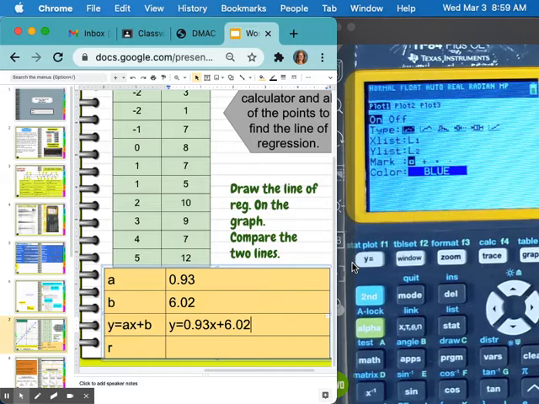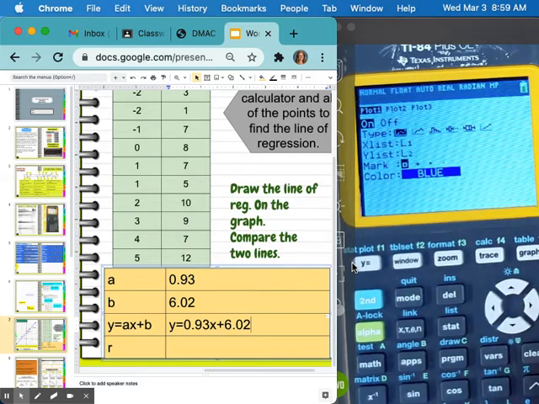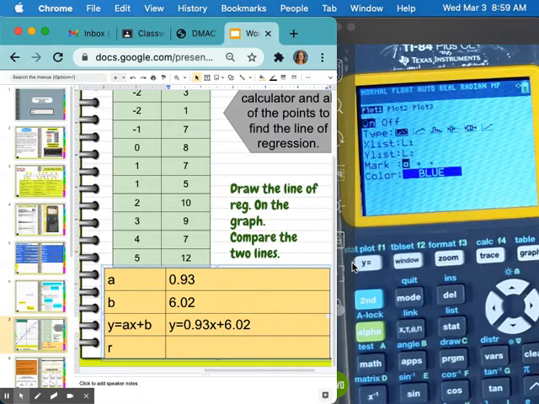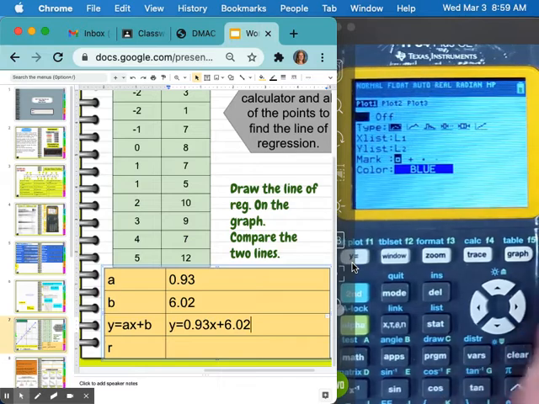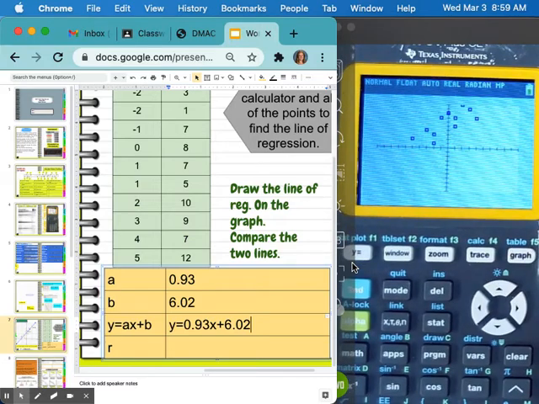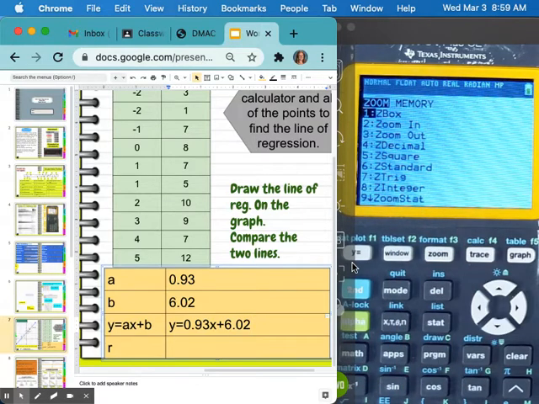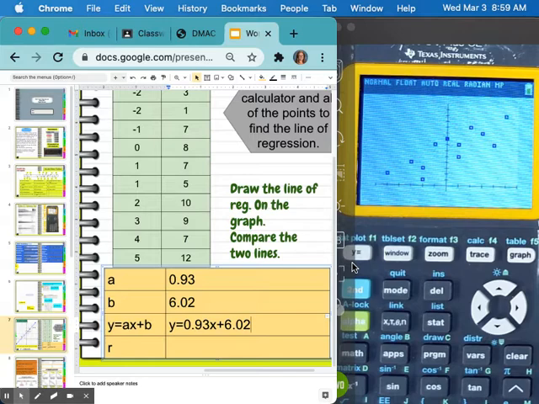We only want plot 1 on. Okay, and then we want to graph it. But what do we need to do in order to see this better? Zoom, and then which one? Zoom stat. There we go. That looks a lot better.